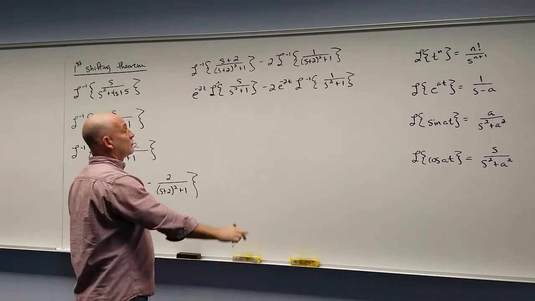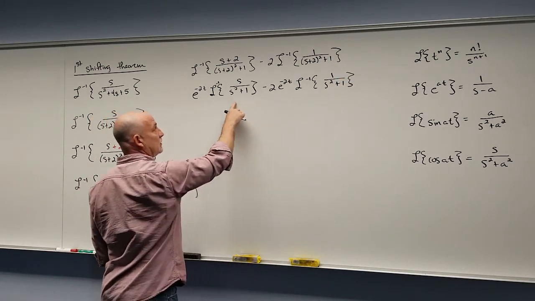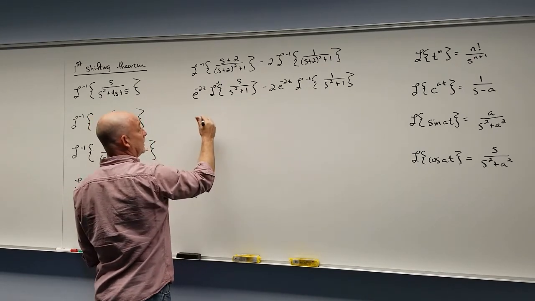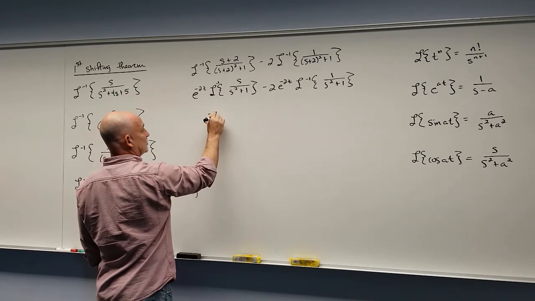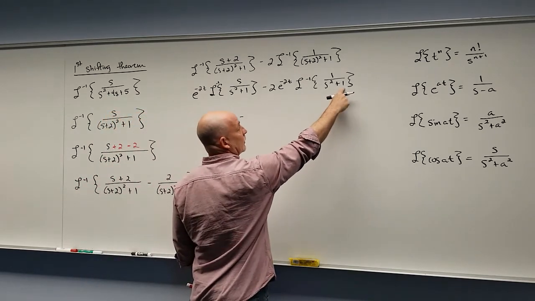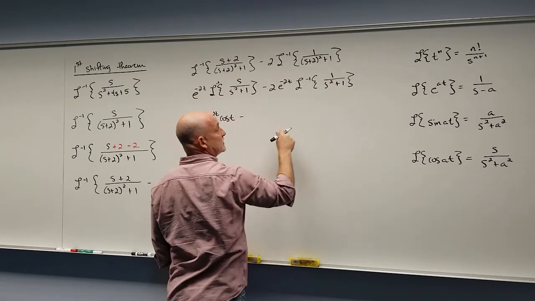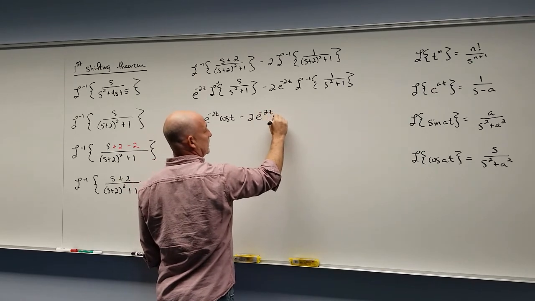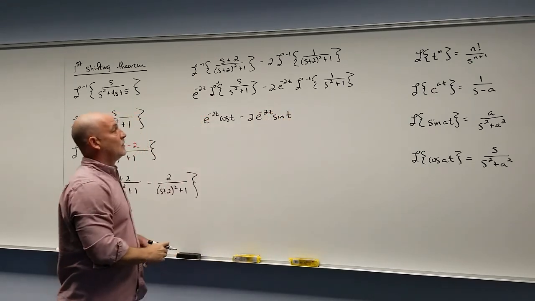All right, so now our expressions are quite a bit easier to do the inverse Laplace transform. In fact, the first one fits the cosine exactly. So this is e to the negative 2t cosine t. And inside this one, because the square root of 1 is 1, this fits the sine exactly. This is 2e to the negative 2t sine t.